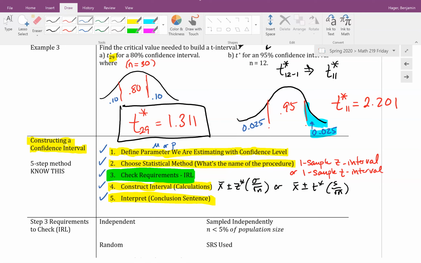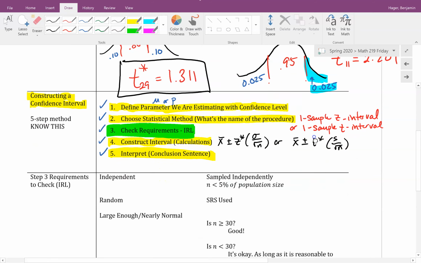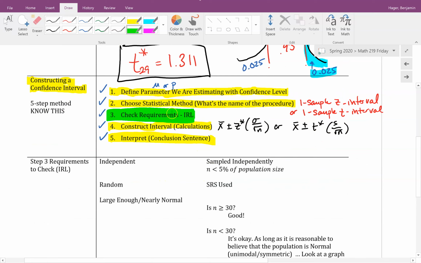You have exactly 5 steps to do, and each one is not that painful at all. Then you're done. You've got your interval or you've got your test. We're going to see the same thing for hypothesis tests in Chapter 9. It's nearly identical.